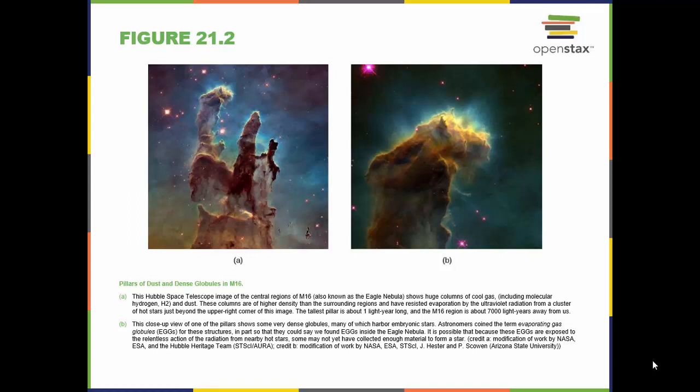So the eggs that start to form the stars. So you could say that we found eggs inside the Eagle Nebula. And it's possible that, because these eggs are exposed to the relentless action of radiation from the nearby hot stars, some may have collected enough material to form a star.